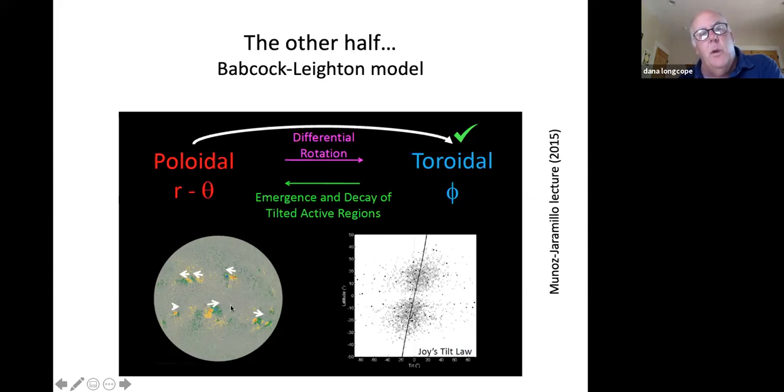They go east-west or west-east, but they are tilted when they emerge. And that's known as Joy's law. There's a tilt of these angles, and that tilt gives us a little bit of a poloidal field. So that's converting the toroidal field to the poloidal field. And the tilt is really due to the Coriolis effect, so it really is involving rotation once more.